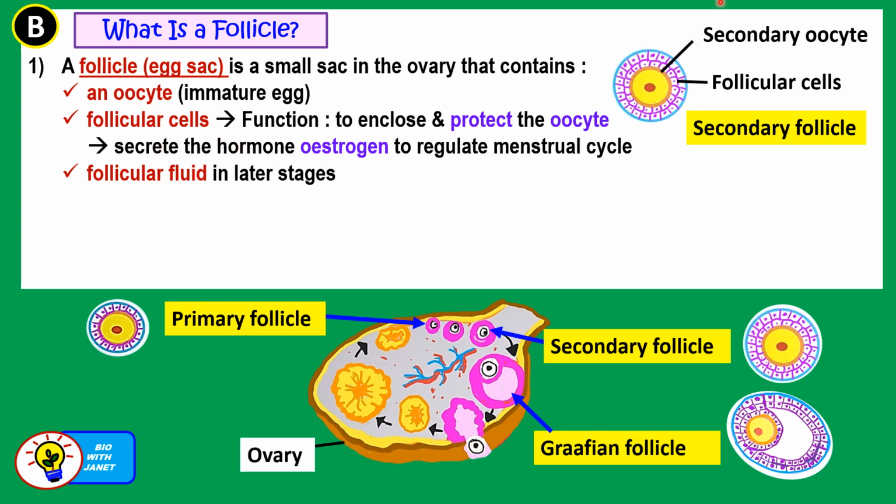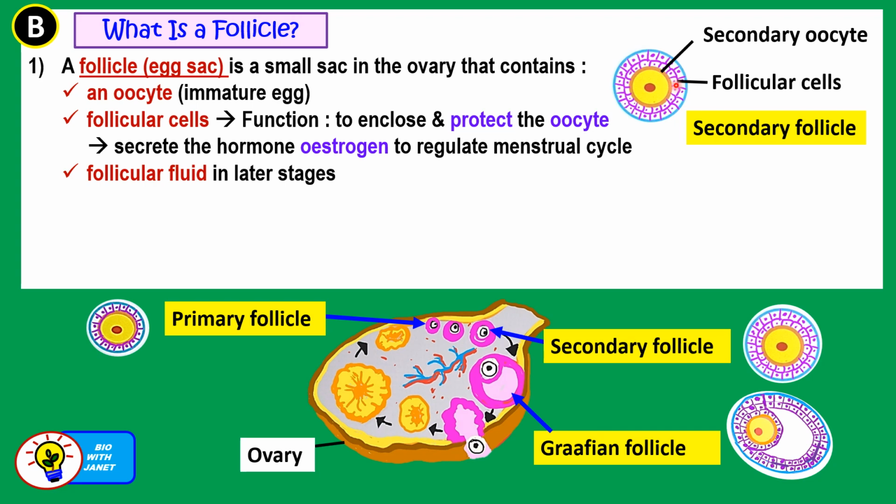Then secondly, there are follicular cells surrounding the oocyte. For example here, this type of follicle is called the secondary follicle, and it has follicular cells surrounding the secondary oocyte in it. All right, so what's the use of the follicular cells? It's just like the princess with the maidens, the servants that follow her to serve her.